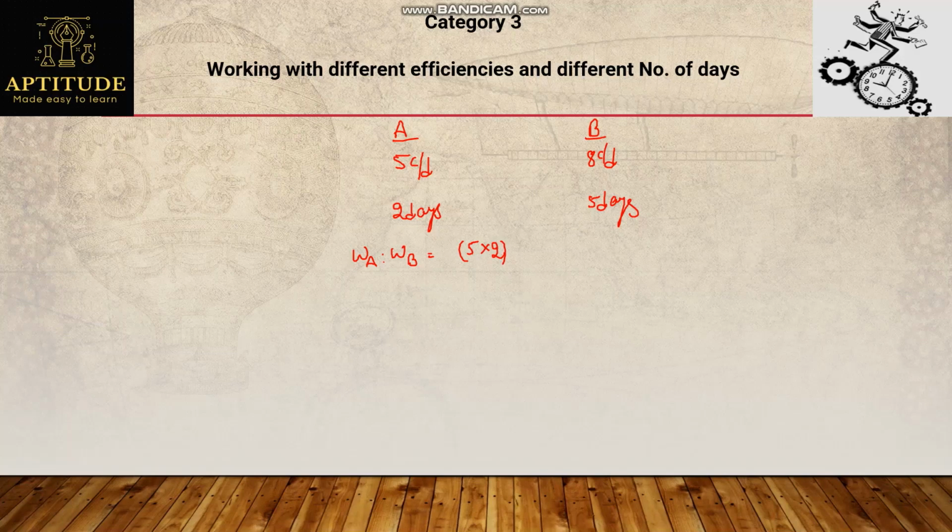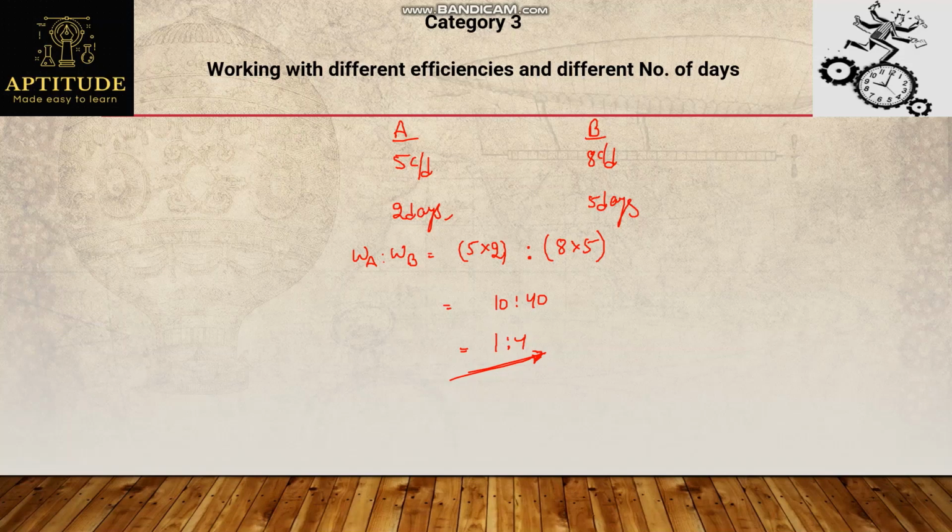So the number of chocolates he can eat in 2 days is nothing but 5 into 2. And what about B? He can eat 8 chocolates per day and he worked for 5 days. So 5 into 2 is to 8 into 5, which is nothing but 10 is to 40. Once again it gives 1 is to 4. So the salaries will be divided in the ratio 1 is to 4.